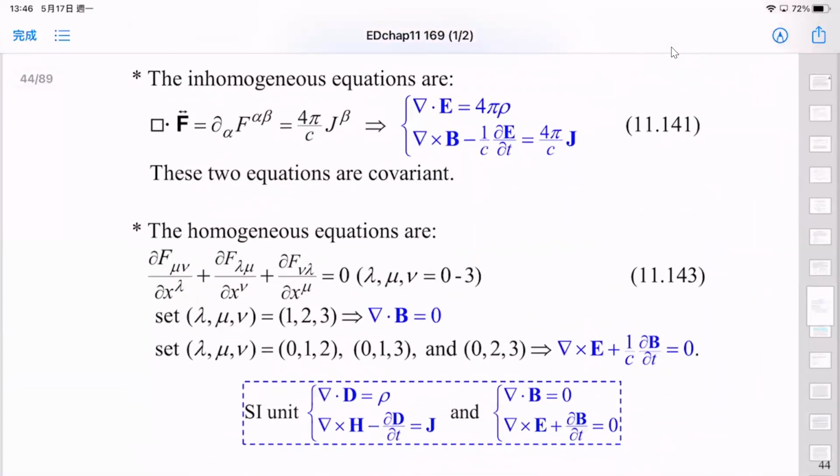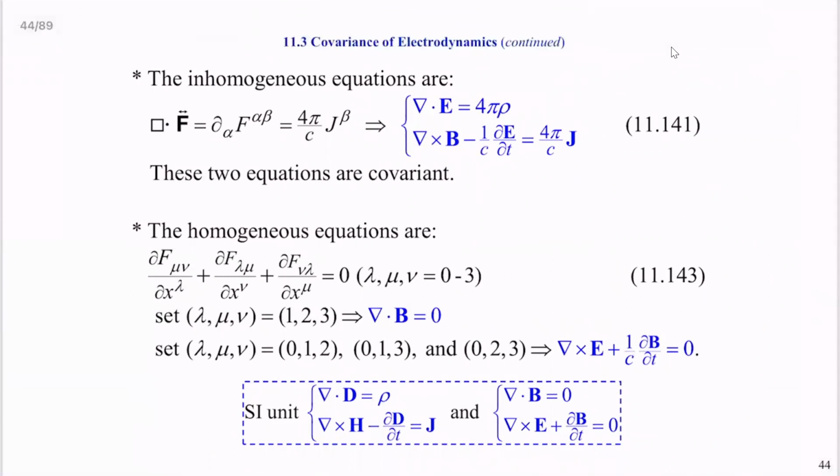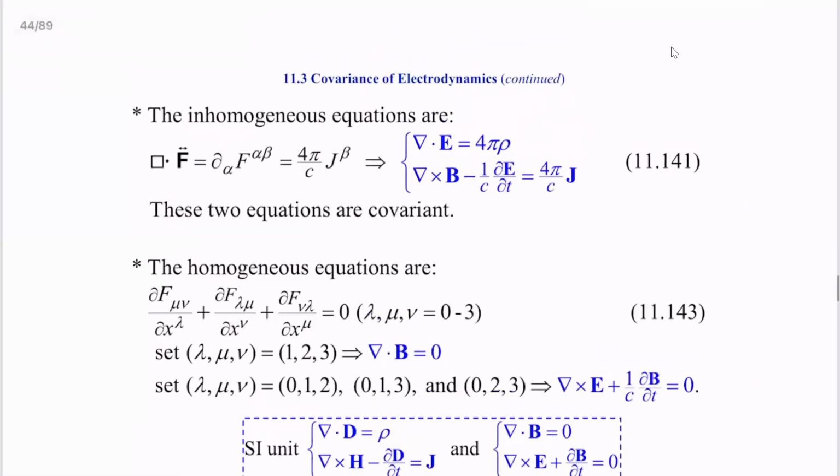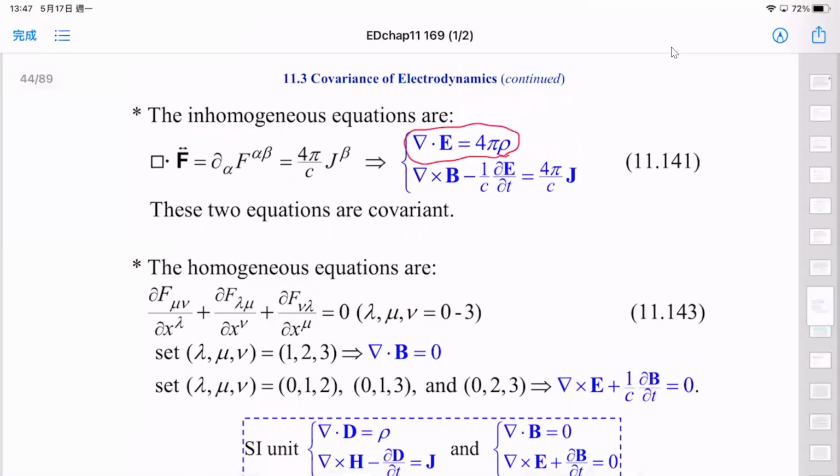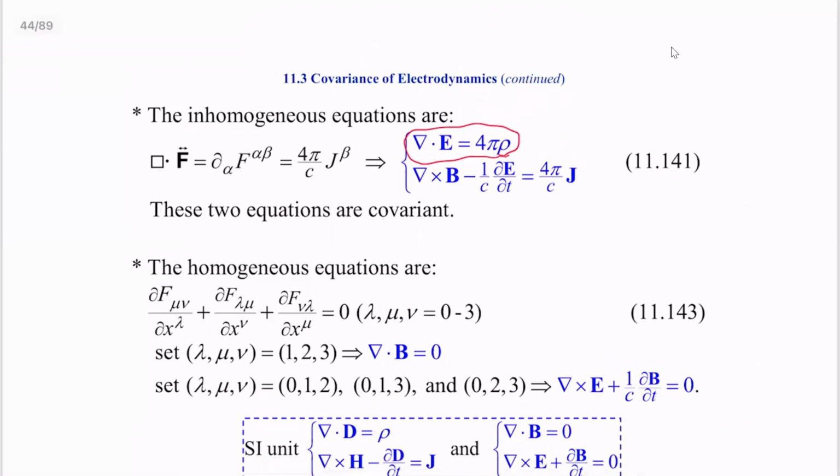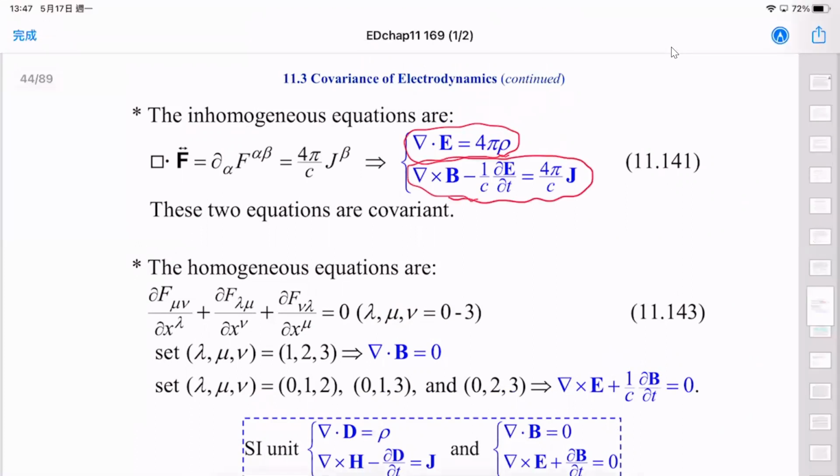Okay, so we will examine the inhomogeneous equations. What is the inhomogeneous equation? For example, this one, the inhomogeneous Gauss law, and Ampere's law with Maxwell correction.